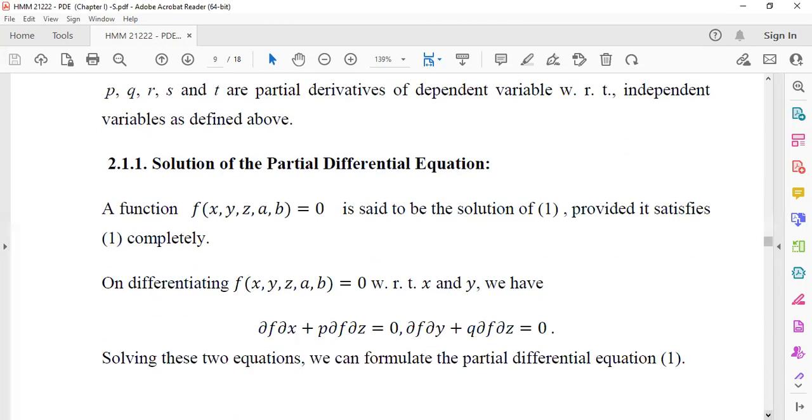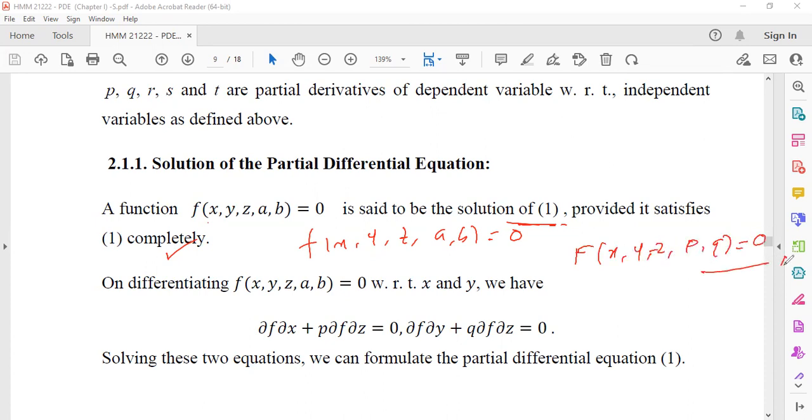So let me see. First of all, a function f(x, y, z, a, b) equal to 0 is said to be a solution of 1 provided it satisfies 1 completely. So what it says is, my actual equation is f(x, y, z, p, q), this is my equation number 1.